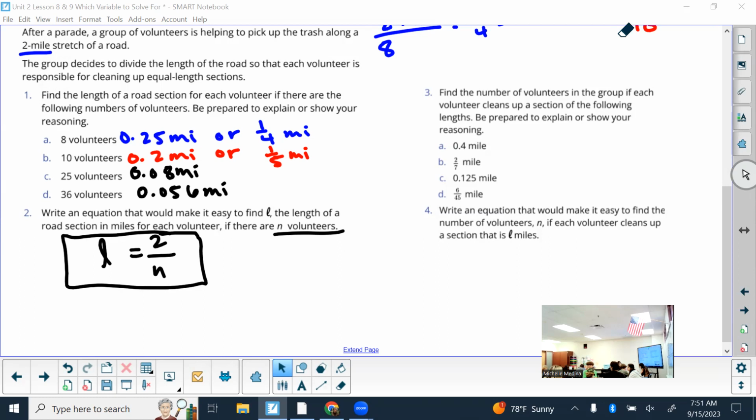Let them think it through. Table 5, I'll come back to you, but that's the one you guys have, 0.4 miles. Table 6, do you know how many volunteers there are if they're each cleaning up 2/7 of a mile?